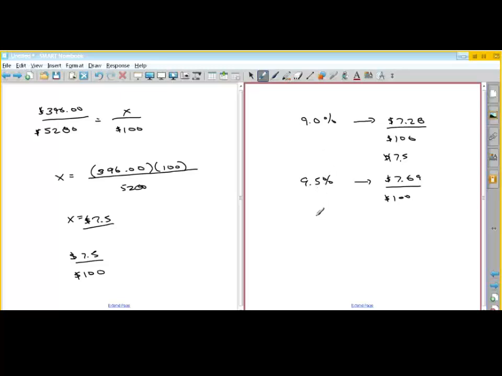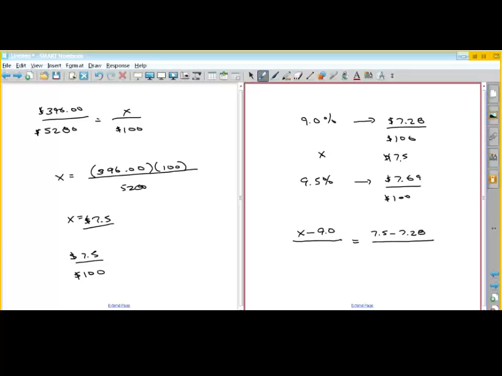How do you do that? Well, what you can kind of do is put the unknown right here. I'm trying to figure out what percentage it is. And what you would find is if you took a ratio, we're going to take x minus 9, so this minus that, compared to 7.5 minus 7.28.